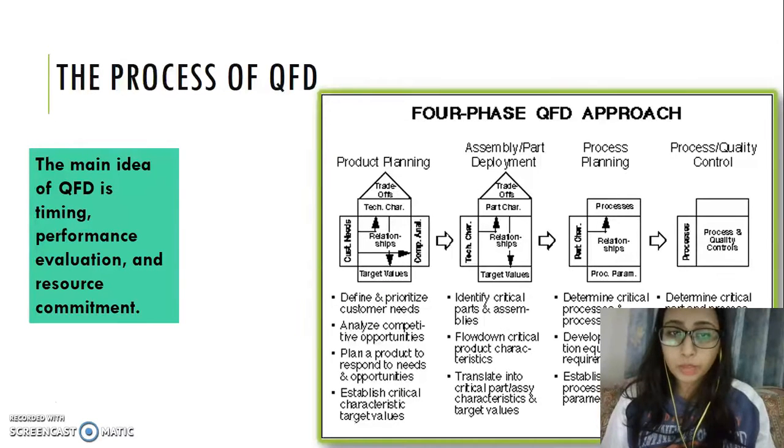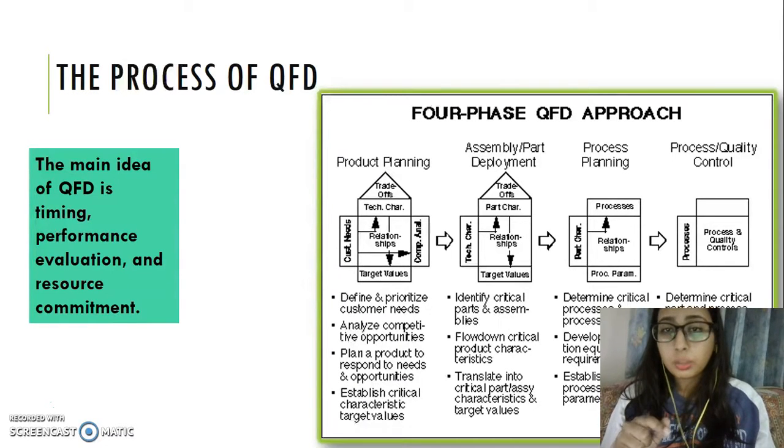Moving back to product planning, over here you also analyze competitive opportunities in the environment to plan a product to respond to needs and opportunities, and finally establish critical characteristics and target values. In the assembly, there is also a flow down of critical product characteristics, and you translate that flow down into characteristics and target values.